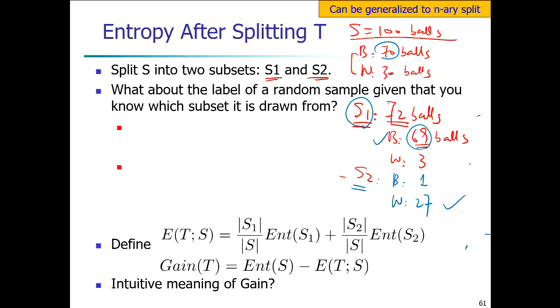Although it's not perfect, it's a great improvement over the previous one. And if you think about entropy, if you give me the information about which subset it comes from, we are almost certain about the label of the balls. So in this case, the entropy should be close to 0, right?